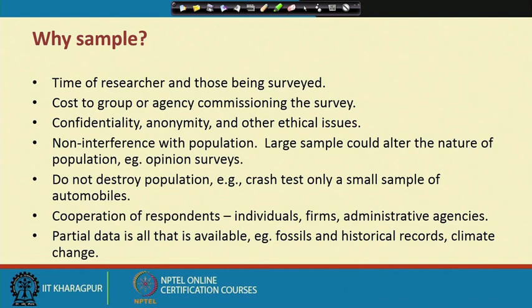Now, the question is why samples. It is a very tricky situation, because it is not possible for a researcher, an organization or an individual to gather all the samples that can be represented by a population.